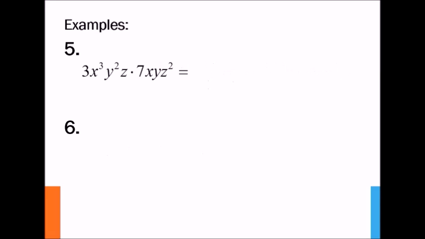For number 5 and number 6, we have different bases. Multiple bases. When that happens, just look base to base. For number 5, 3 times 7 is 21. x cubed times x, so add the exponents.